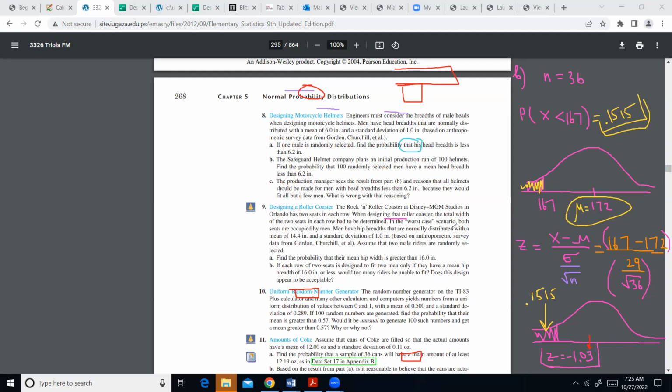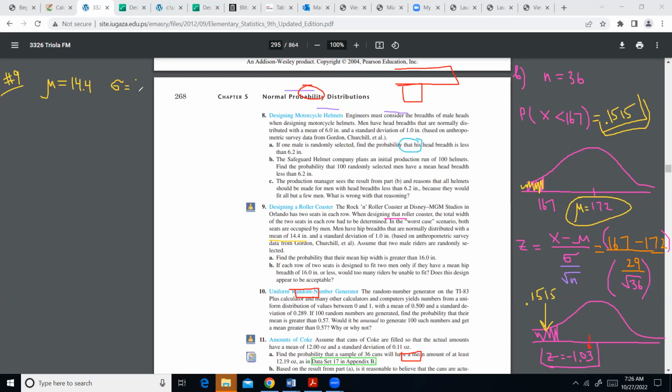So they say they're trying to make sure that people fit on those seats. In exercise number 9, the average or mean for the width, I guess, of a person is 14.4 inches with a standard deviation sigma equal to 1 inch.